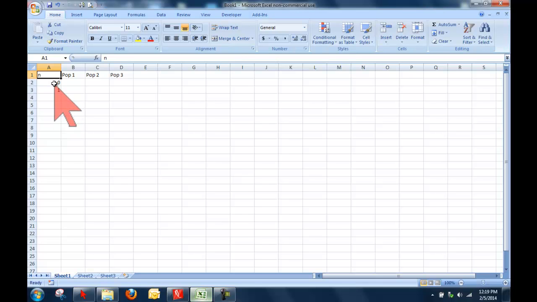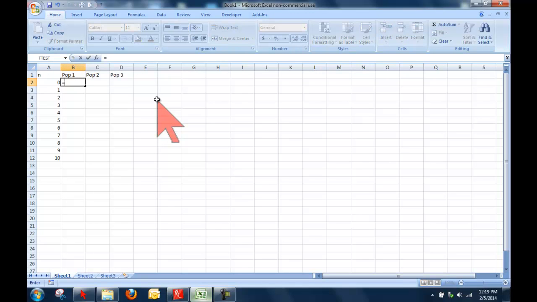My touchpad's not working for some reason. Let's see if I can do it this way. Maybe that'll be enough. And let's enter formulas. Well, first of all, the initial age distribution are 60s.